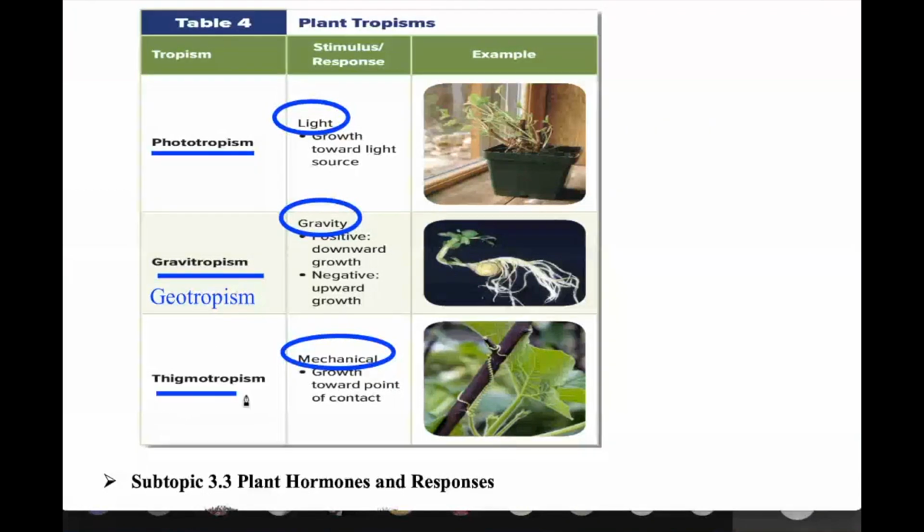For mechanical stimulus, thigmotropism. Now, the most important thing, boys, is that all types of tropism can be either positive or negative. Maybe one part of the plant shows positive and the other part shows negative. In the first picture, the plant stem is showing positive phototropism.